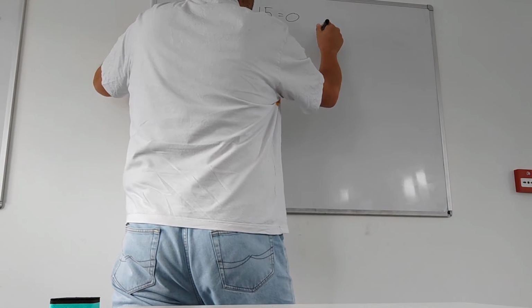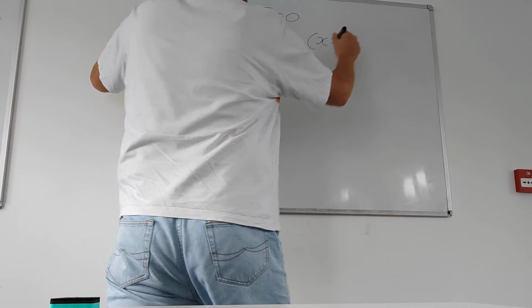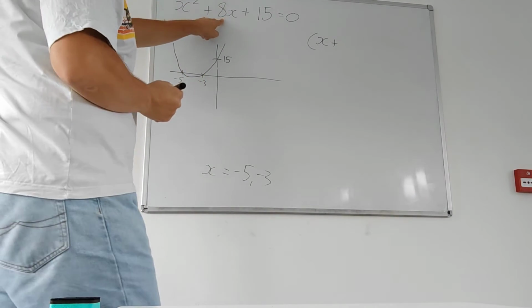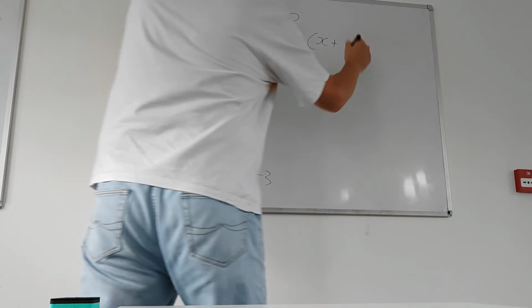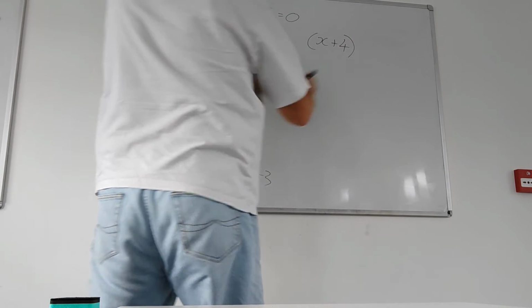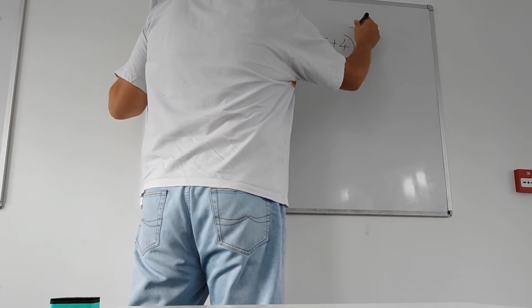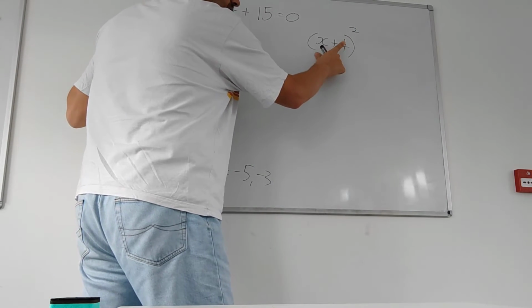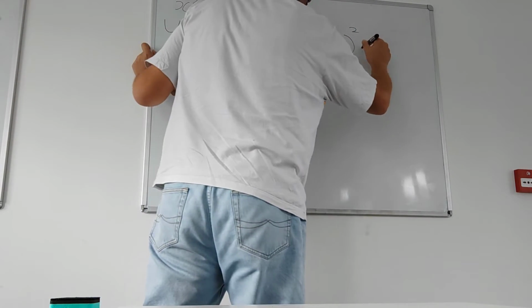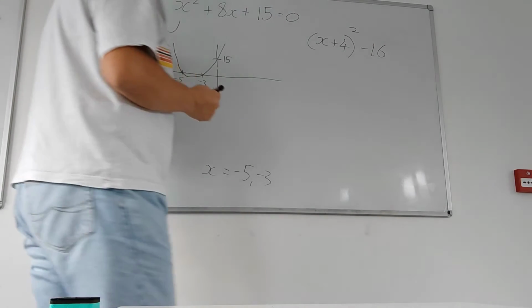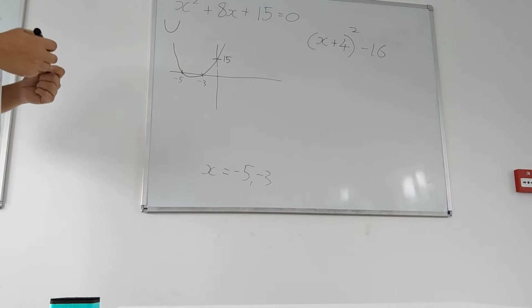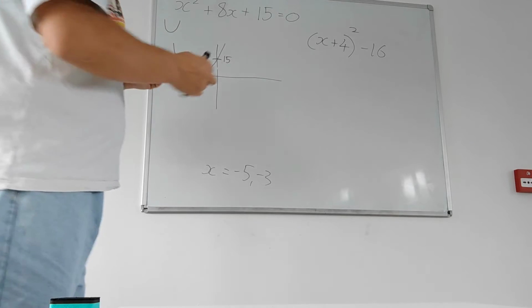To complete the square, you halve the number next to x. It's always squared, and it's always squared and taken away. That's your first step in completing the square.